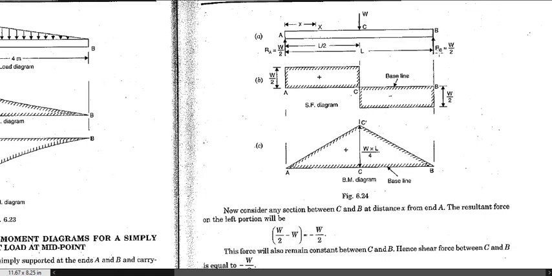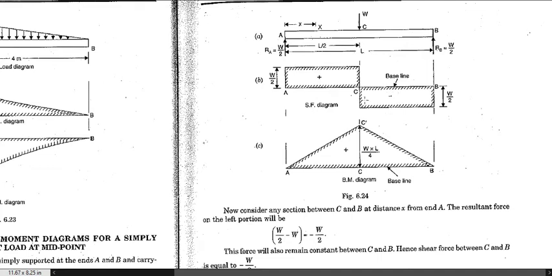So what you are going to do is RB into L minus W times L by 2 equals 0, and from there you can get RB equals W by 2. And when you put RA plus RB equals W, and put RB equals W by 2, similarly you can get the value of RA equals W by 2. So in this case you have obtained these two end reaction values.